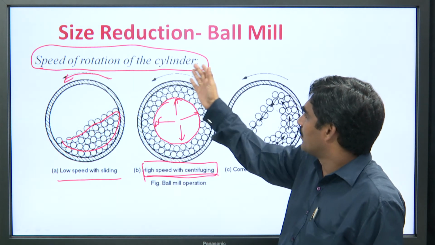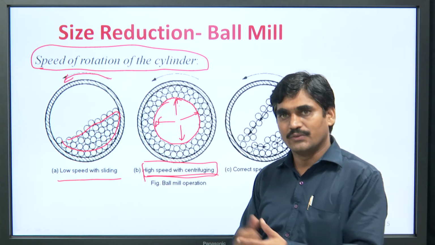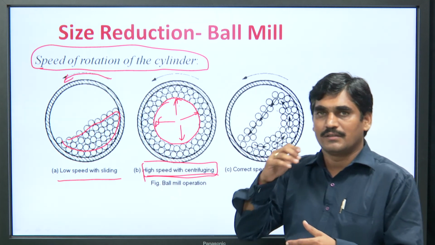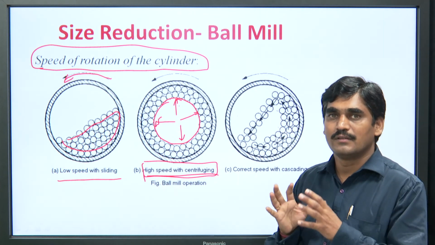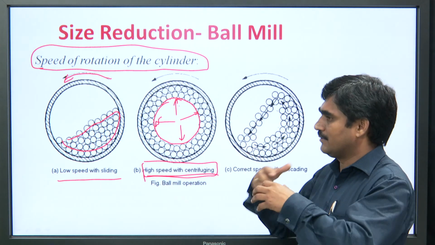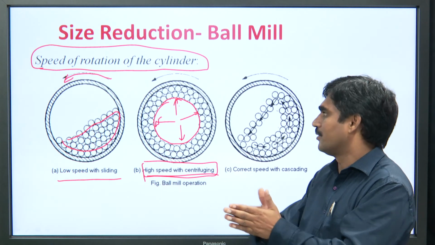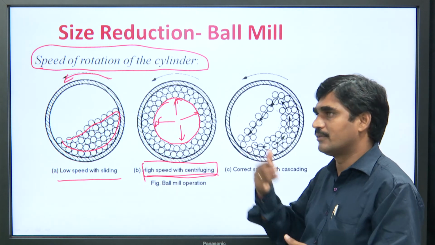That means the balls are adhered to the walls of the container. So, in this case also the size reduction will be minimum, or we can say that no size reduction is possible, because it is moving at a high speed and the balls are attached to the walls of the container, and move with it.